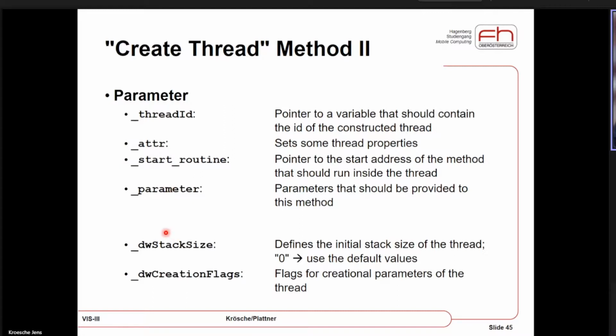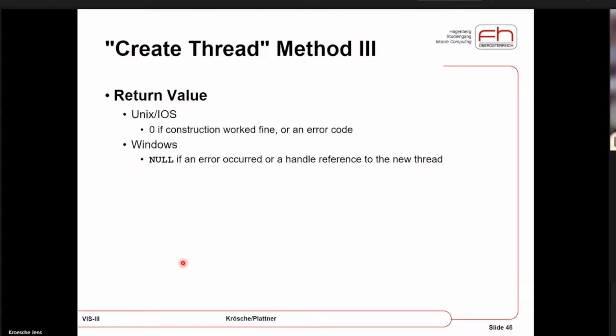This is basically the main thing that is relevant for us. Depending on the system you're using, you have some additional parameters, like for instance how large the stack should be, or how the creation should take place. Return values depend on what you're using: 0 in the Unix world means it worked fine, otherwise an error code is returned.